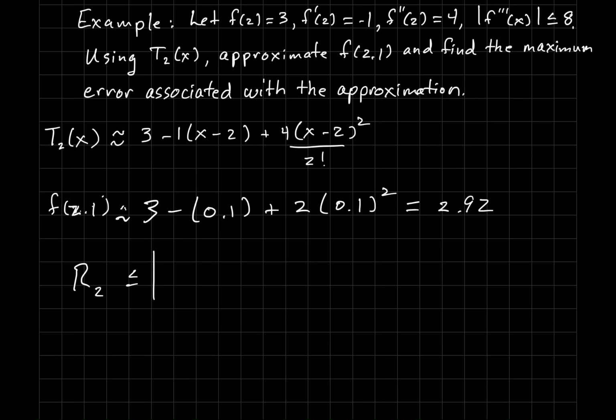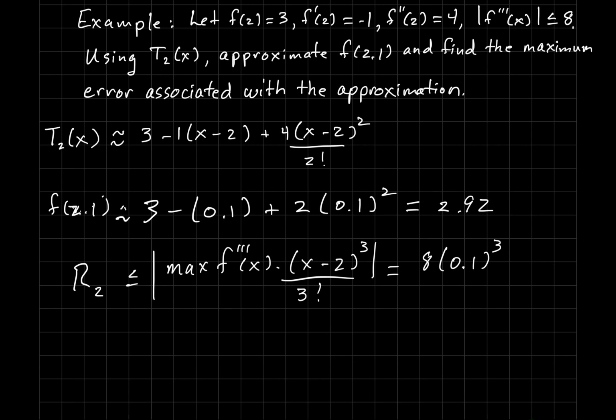Well, I know that it's less than or equal to the maximum of the first left off derivative times x minus c cubed over 3 factorial. And plugging in, I get 8 times 0.1 cubed over 3 factorial. Which is the maximum error associated with that approximation.